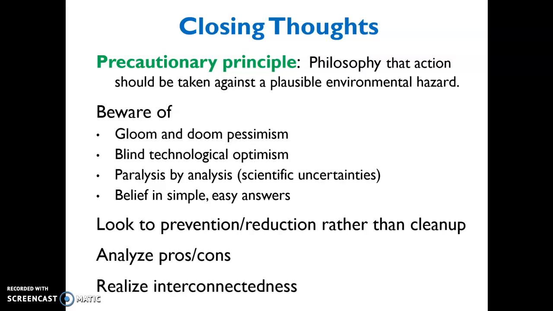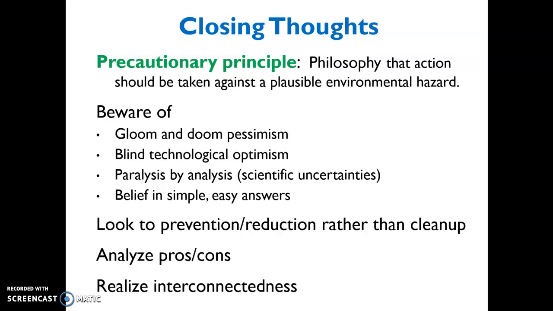Also, looking to prevent or reduce the amount of an environmental hazard is far better than trying to clean it up afterward. It's cheaper and it's more direct and it's better all along. When we look at some of the methods that we want to use to reduce environmental harms, you have to analyze all the pros and cons, the whole life cycle analysis, because it usually isn't just a straightforward balance between two options.